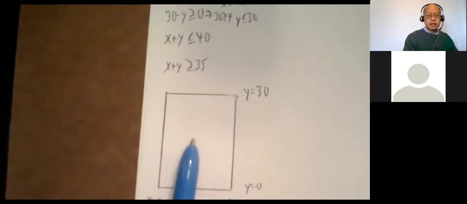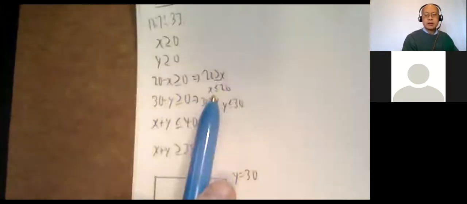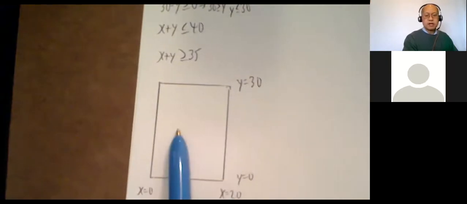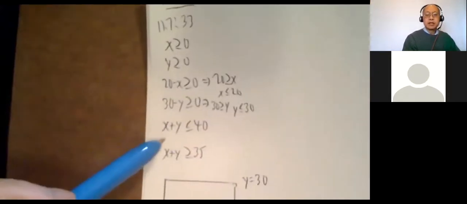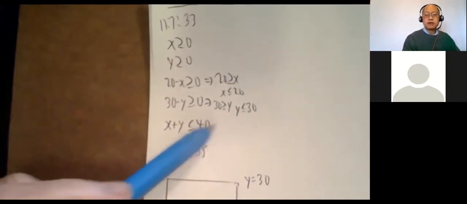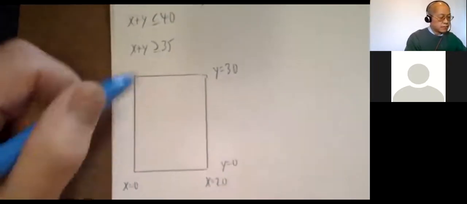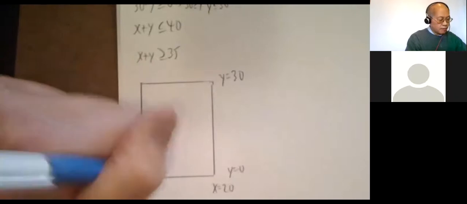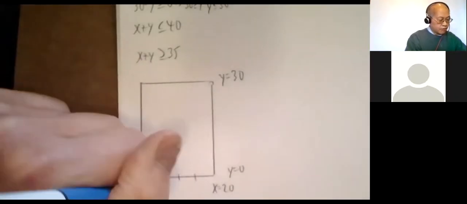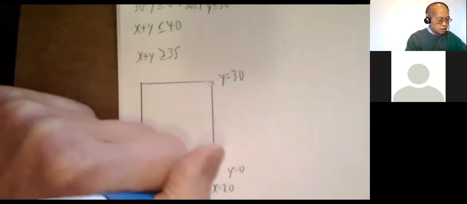X is greater than or equal to 0, it's to the right of this line. X is less than or equal to 20, it's to the left of this line. Y is greater than or equal to 0, above this line. Y is less than or equal to 30, below this line. Again, I see these are divisible by 5, so why don't I count by 5s? 5, 10, 15, 20.